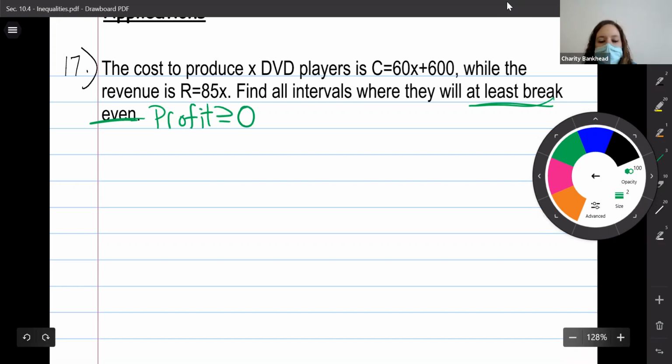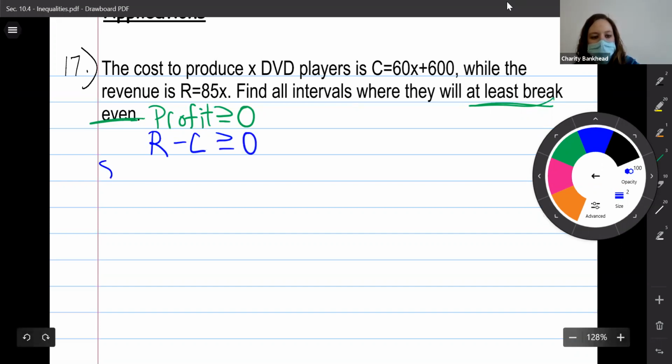All right, well, the profit is equal to the revenue minus the cost. So revenue is the amount of money they receive, cost is the amount of money they pay out. So profit is revenue minus cost. So revenue minus cost should be greater than or equal to 0.